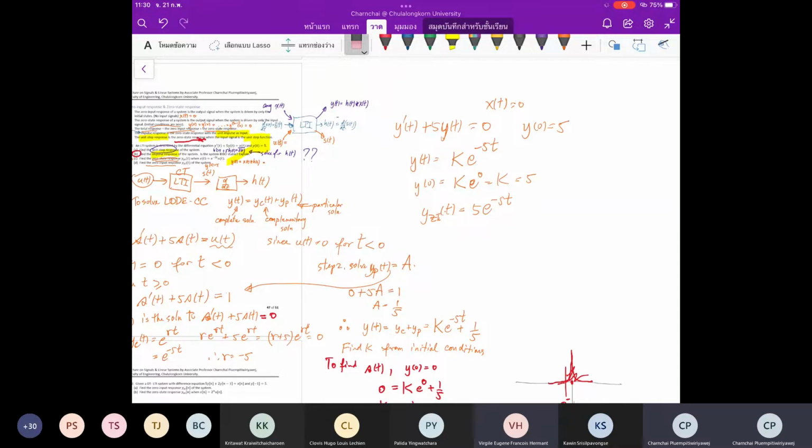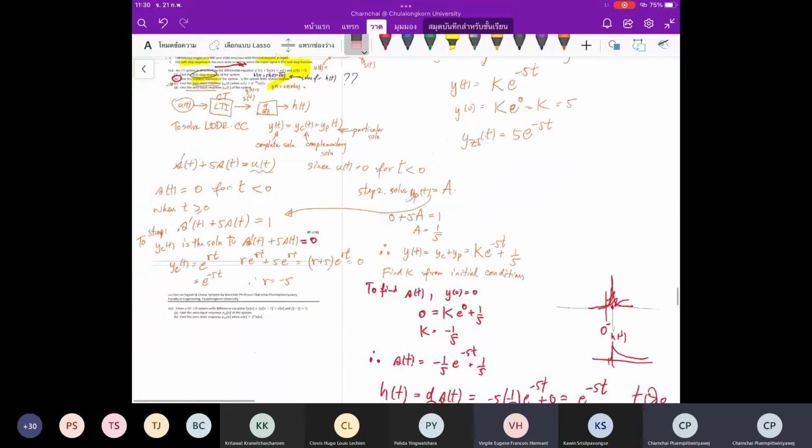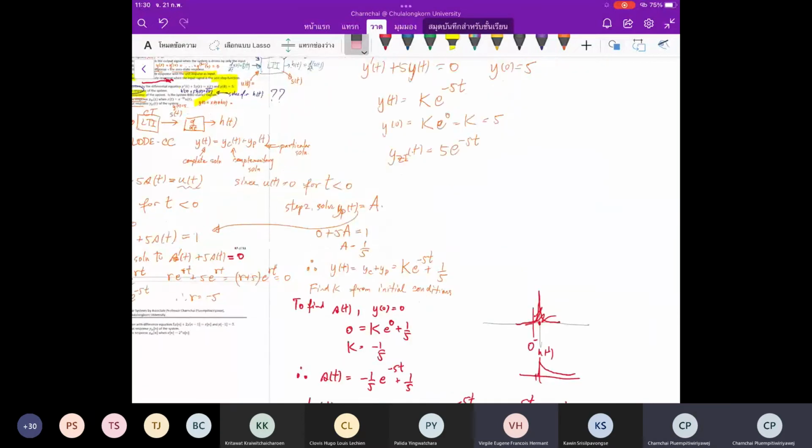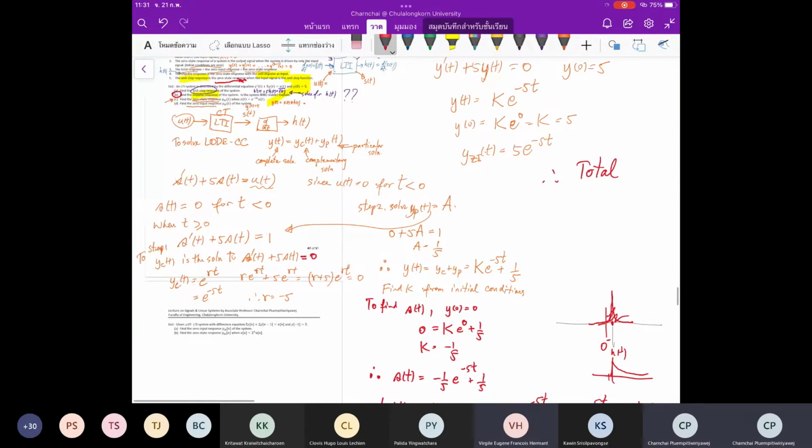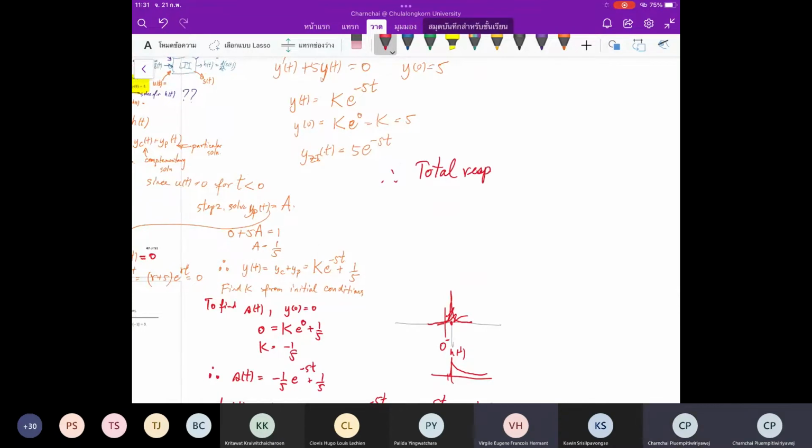The total response would be y(t) equal to the zero state plus the zero input.